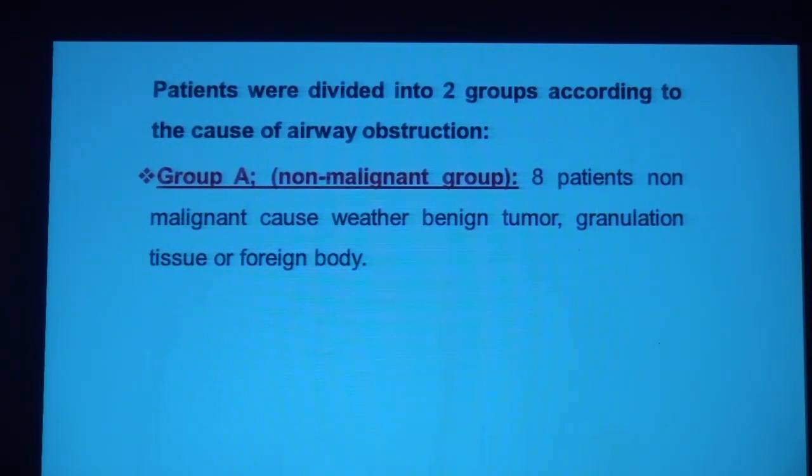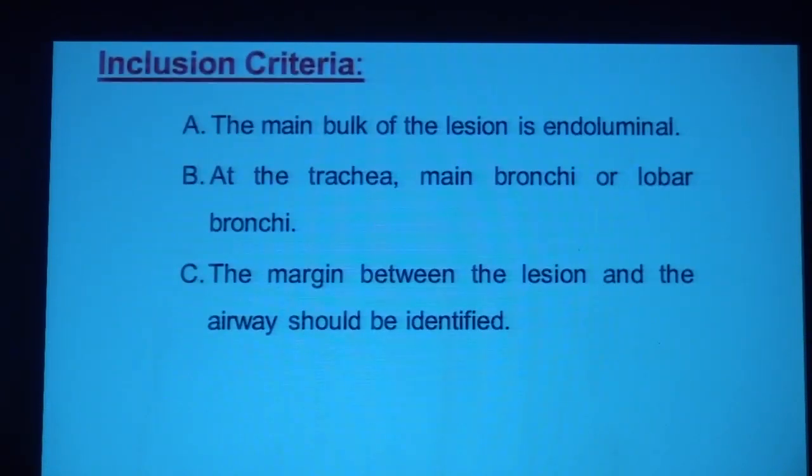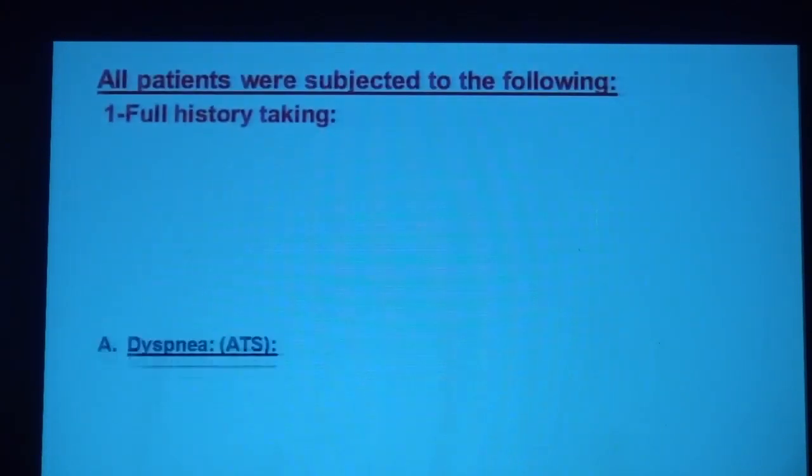My study included 2 groups, benign group and malignant group. Group A, non-malignant, included 8 patients with benign tumors, granulation tissue, foreign bodies, and so on. Malignant group included 14 patients with malignant tumors with non-small cell lung cancer and 1 case with endobronchial lymphoma.